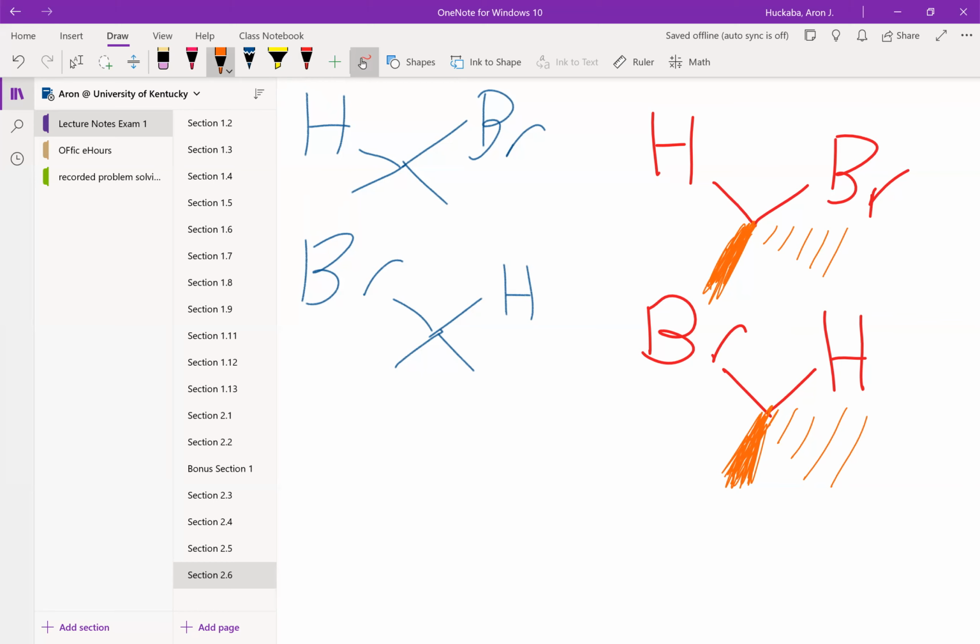This is the time when having a molecular modeling kit would be really helpful, because it can help you see the 3D spatial characteristics of these molecules. I'll put up some videos later in the week using the molecular model kit, so that you can tell where in 3D space these atoms are and what that means in terms of the drawing of each molecule.